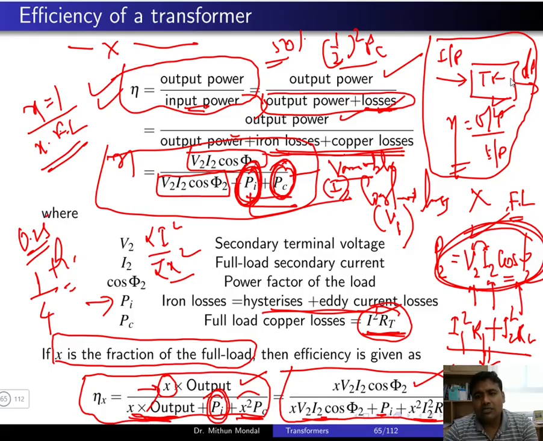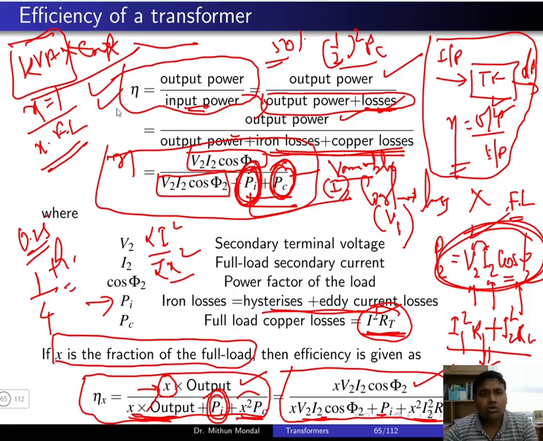So power is basically given in the nameplate detail of a transformer. When you purchase a transformer, at the nameplate you will get the maximum power for that particular machine. That reading will be given in kVA. If you multiply that with cos phi, you will get the power at the full load condition.